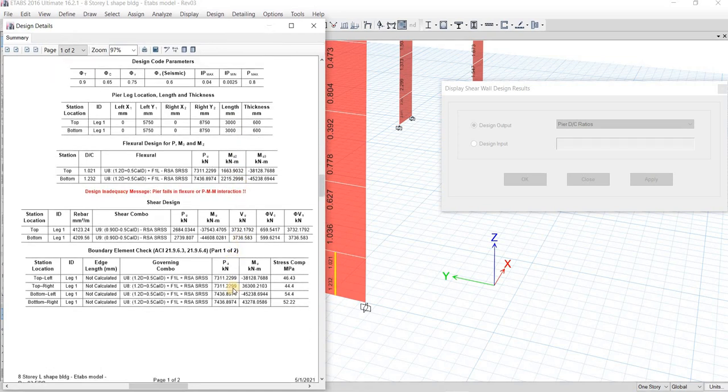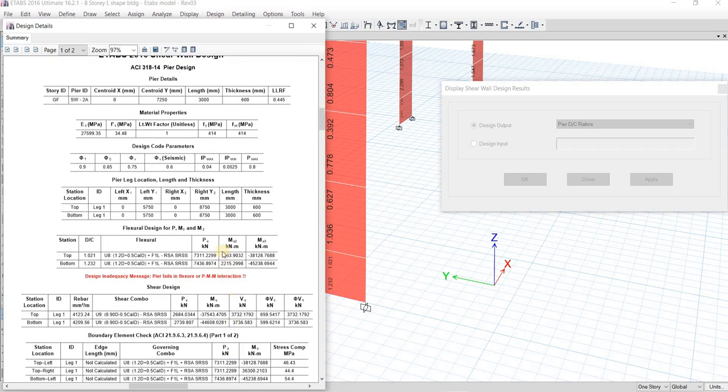Because here it will just give you a warning, and from here it will also give you the flexural design and the shear design. So from the shear design, you have here also Pu, Mu, Vu. So we are dealing with this one.